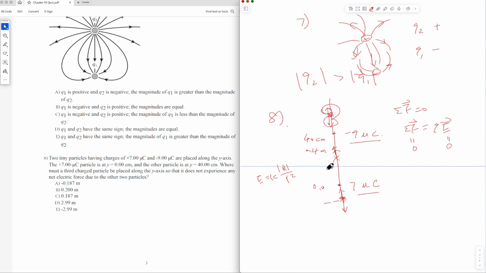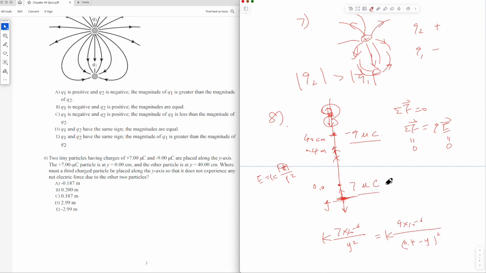All right, so let's see. Assume this is the y coordinate. Field due to the positive charge is K times 7 times 10 to the negative 6 over y squared. You see this is 0, this is y. That equals K times 9 times 10 to the negative 6 over the distance squared. Remember you have an opposite sign here. The distance, you see this is y, and this is 0.4, so the distance is 0.4 minus y, squared.